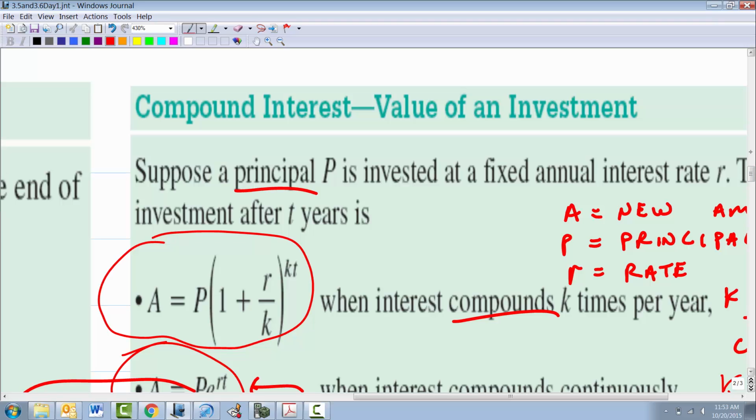That doesn't mean you get 5% per quarter. That would be ridiculous, and if you do see a scenario like that, run to that bank and invest your money immediately, because that's a lot of money. But what it means is you get 5% divided by 4, so you get 1/4 of 5% after 3 months.